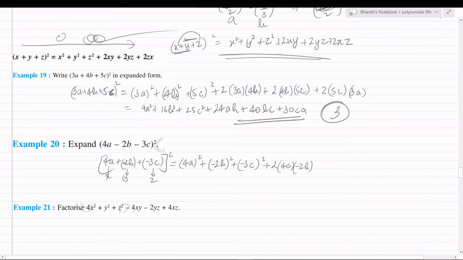Don't forget your signs, I mean the minus and plus thing. Because if you miss one sign, the whole question will become wrong. So plus 2, what's your y? Minus 2b. What's your z? Minus 3c. Now plus 2, what's your z? Minus 3c. Then what's your x? 4a.